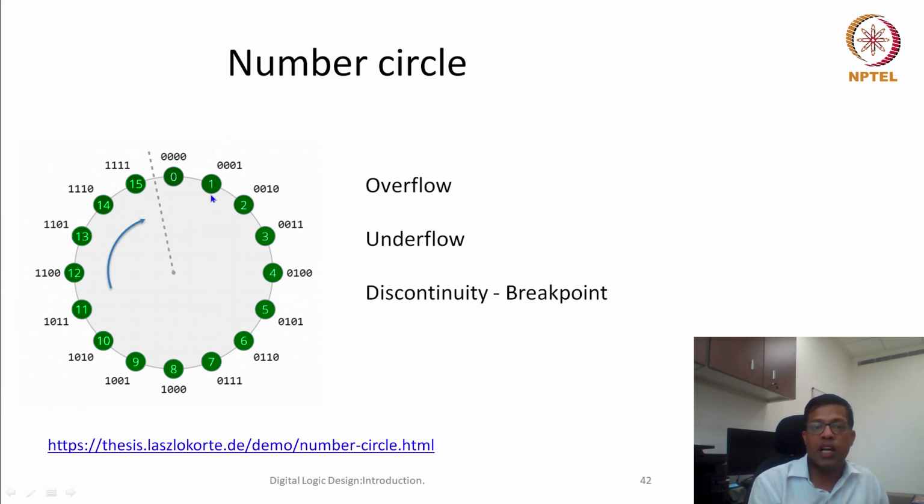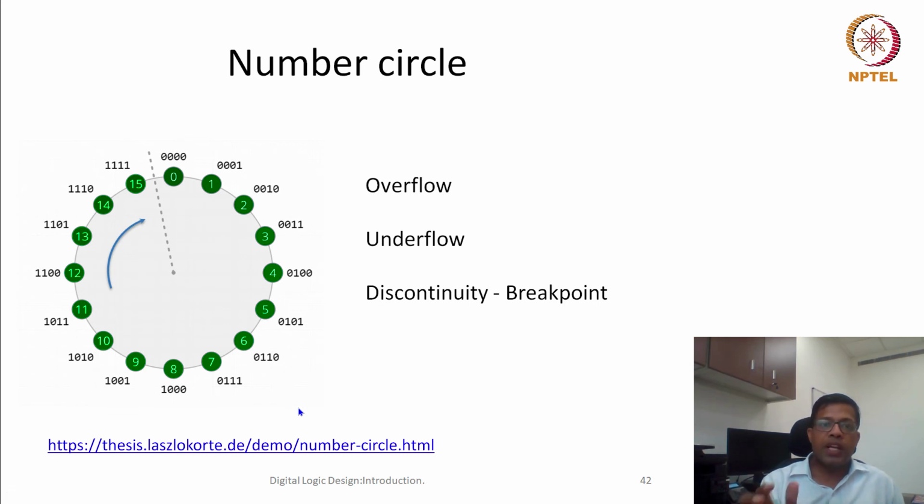So I will get an output of 1, but because it is crossing this line of discontinuity, or breakpoint, I would get an overflow condition. Similarly, going in the anti-clockwise direction can give me an underflow condition. This particular diagram has been taken from a website, which we'll visit after a couple of slides.